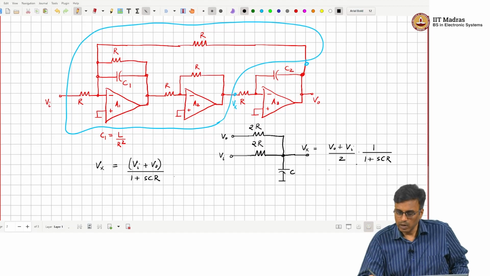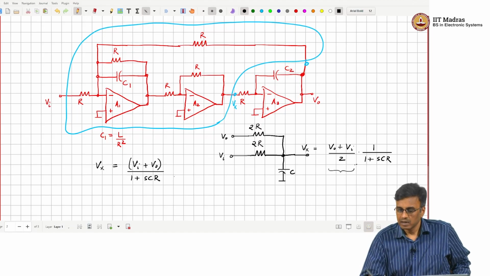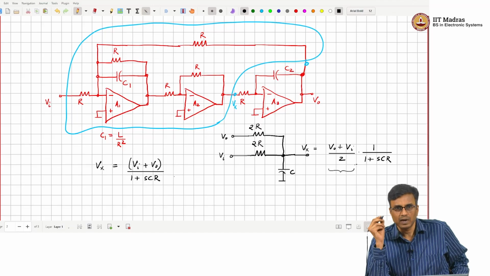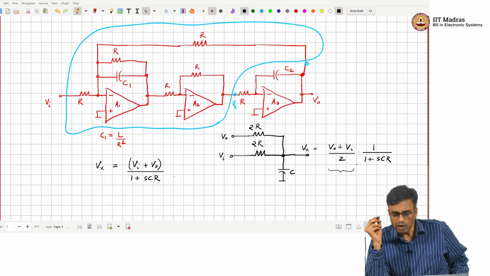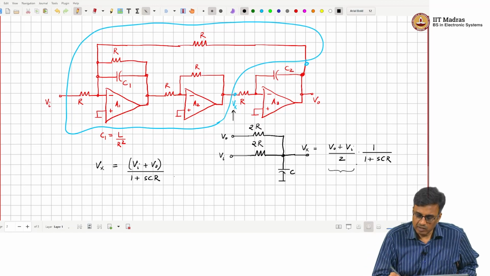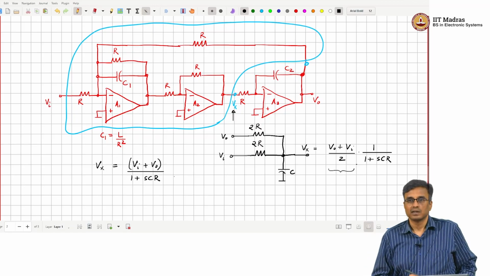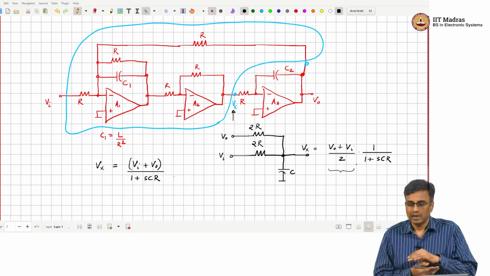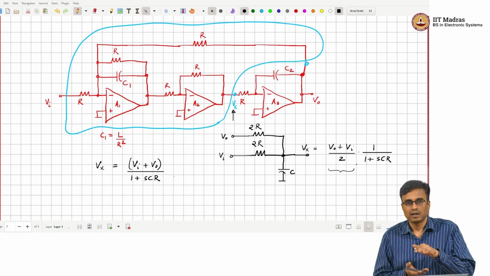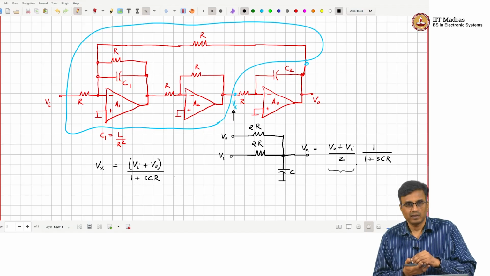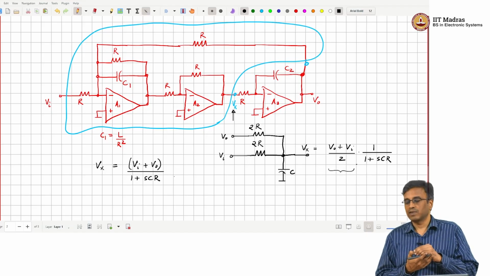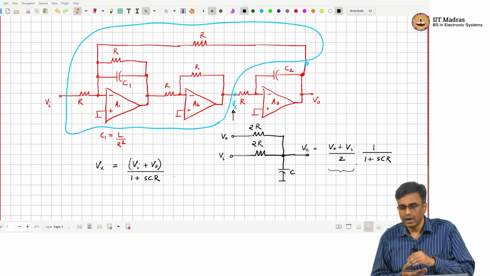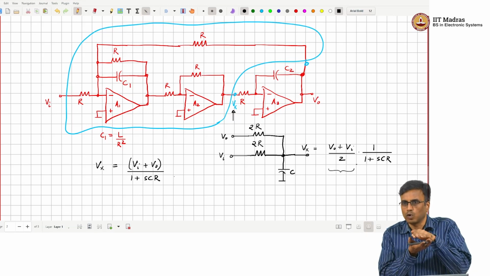Okay. So, now the only problem is I am getting V naught plus Vi by 2 instead of 1. So, if we had op amps like in the blue box, we would be able to get V naught plus Vi divided by 1 plus SCR. Now we are getting a smaller voltage.